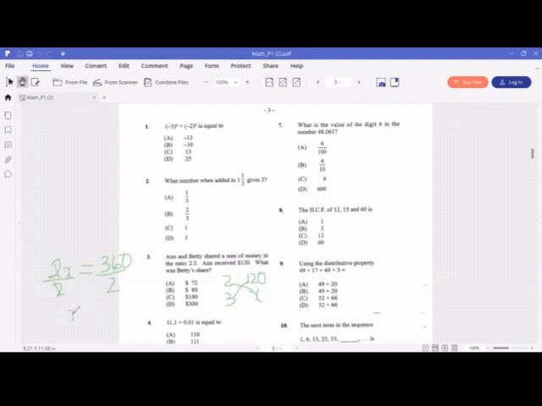Now that would give me a value of x is equal to $180. So Betty's share was $180. So that gives me an answer.